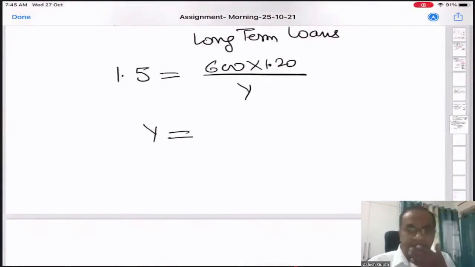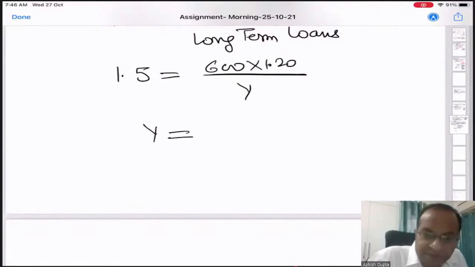What is the answer? Student, please give me the answer. Very good. Divya, again you are the first.